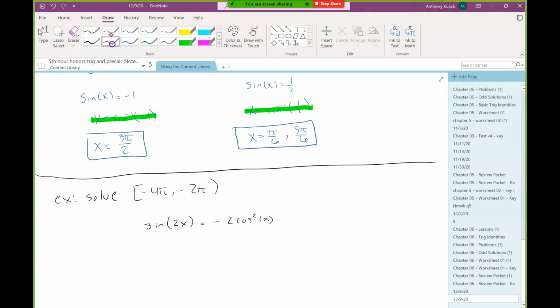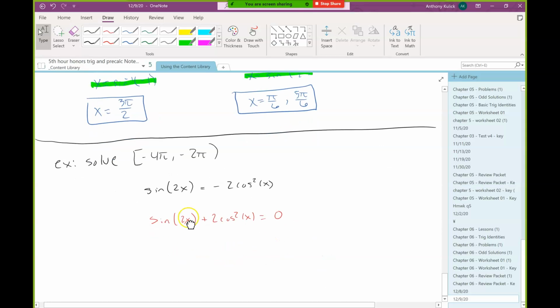Okay. So just like before, I would start by moving everything onto one side. So I'm going to add 2 cosine squared to both sides. And then I'm going to use one of my identities to get rid of the 2x here.